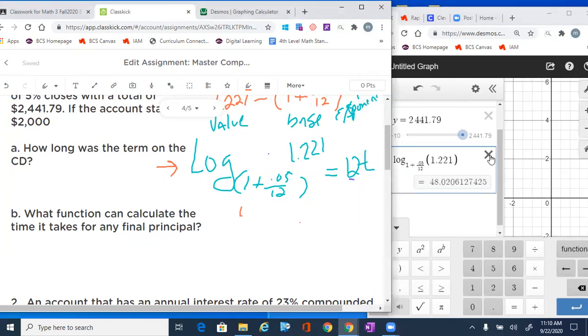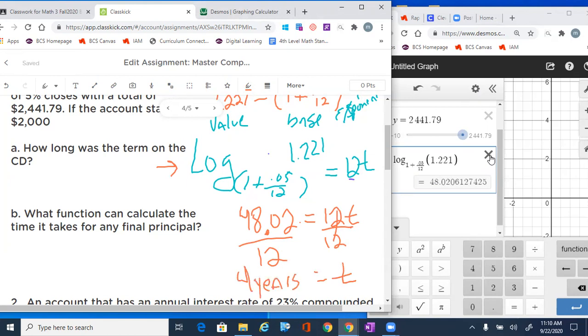So 48.02, or roughly just 48 if we don't want to deal with that decimal because it is so minimal in this case. And we're going to divide by 12. Okay. T will come out, and that will give us 4. And remember, when we talk about the compound interest formula, it should take us 4 years. So 4 years.